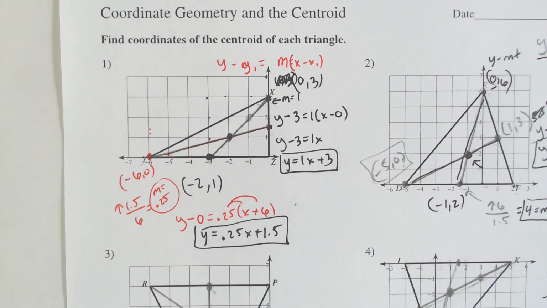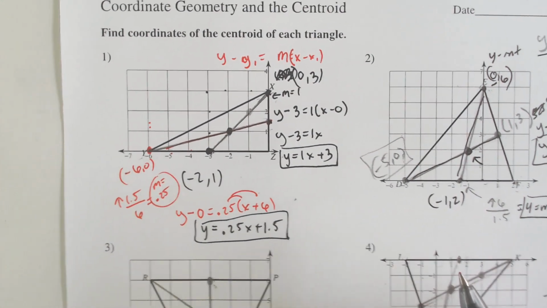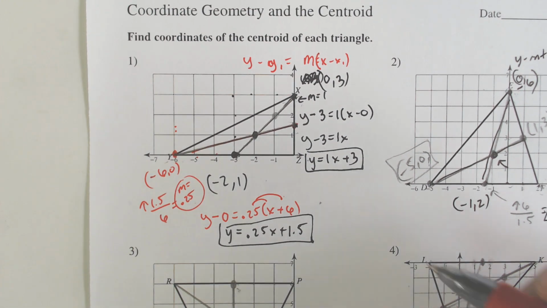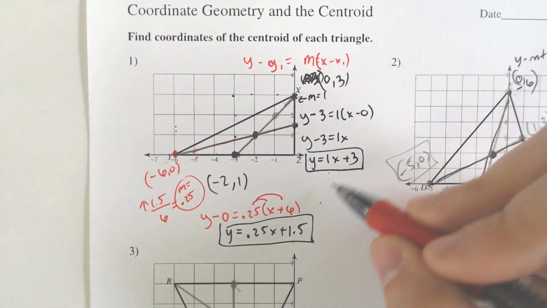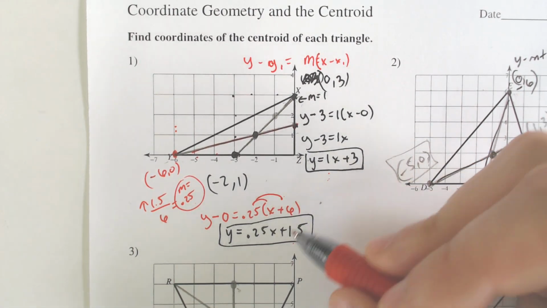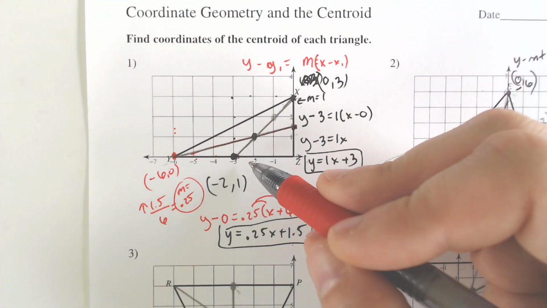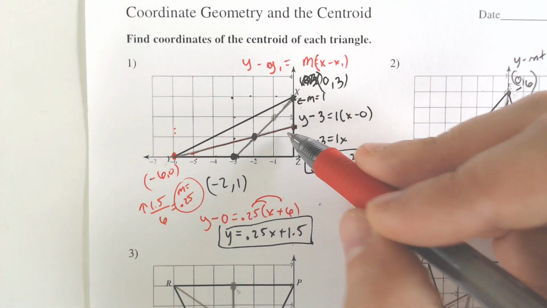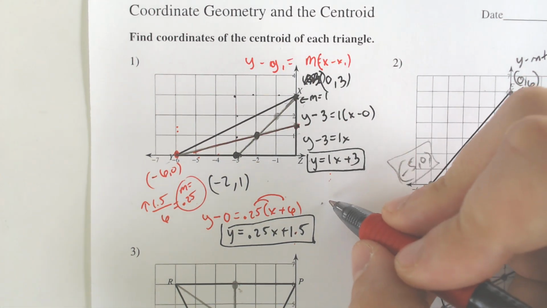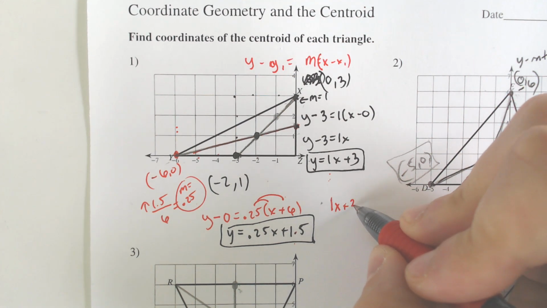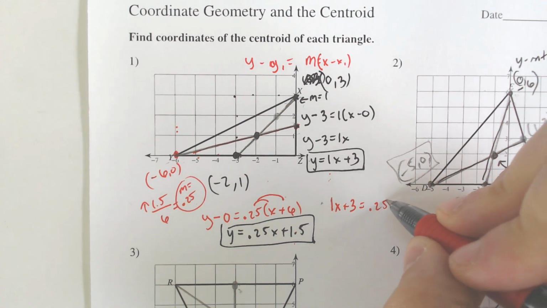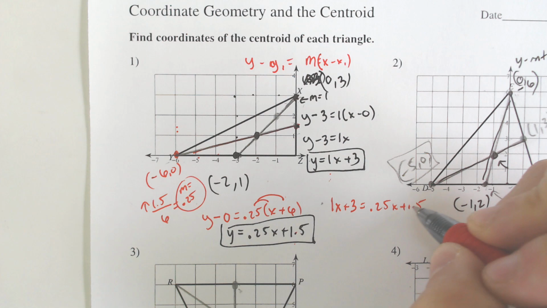Once you get both equations, you're still not done. This is by far the longer of the two methods. You have to set those equal to each other. So once you get the equations of the two lines that go through the centroid, you set them equal: 1x plus 3 equals 0.25x plus 1.5.